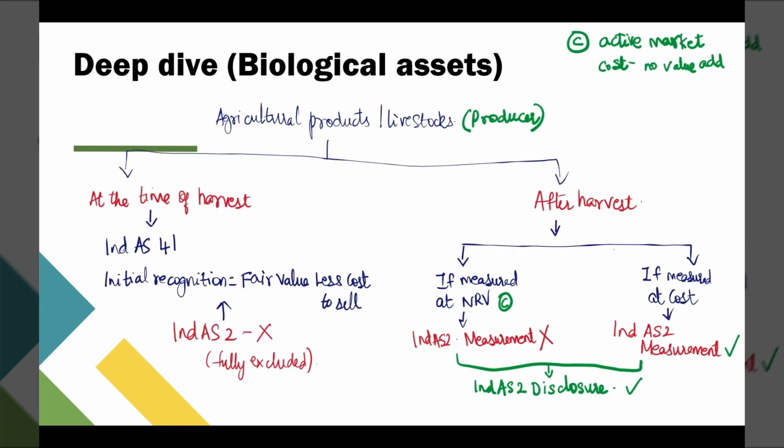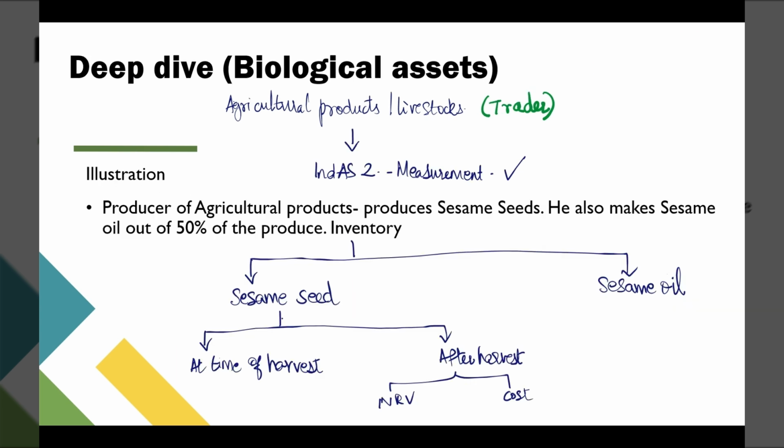So the difference is only with respect to the producer of the agricultural product, after the harvest, if NRV is being followed. Only then the measurement principles of Ind AS 2 won't be applicable. If the agricultural products are being measured at cost, then once again the entire Ind AS 2 would be applicable. So that was a clarification.